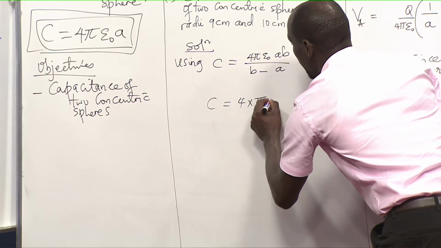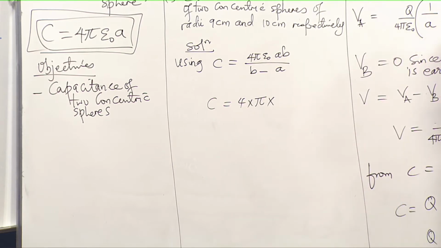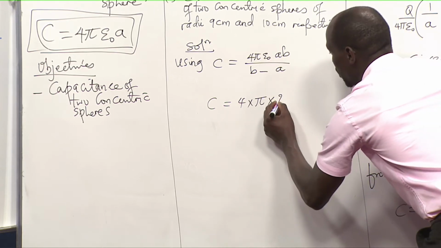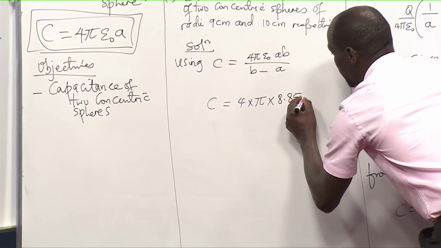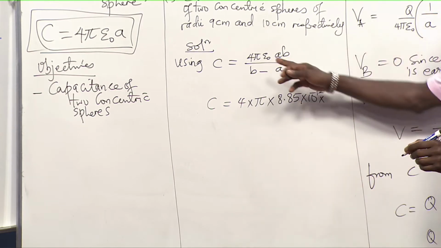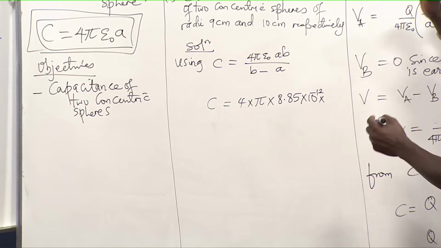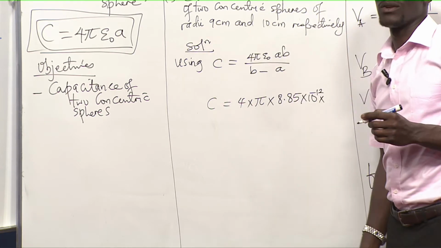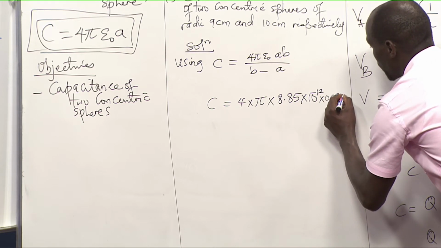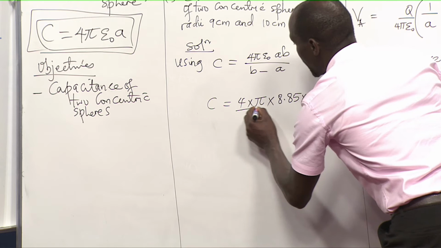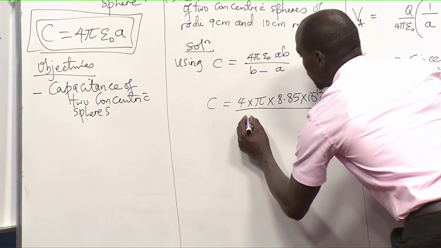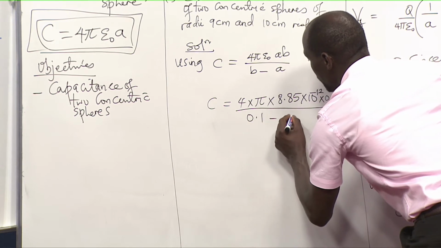I can leave it as pi, or I can write there 3.14. The permittivity of free space we know is a universal constant, 8.85 exponent negative 12, times A and B are radii. Remember to change these to the SI units. This is going to be times 0.09 times 0.1, and then divide all this by the difference between the two radii, which will be 0.1 minus 0.09.